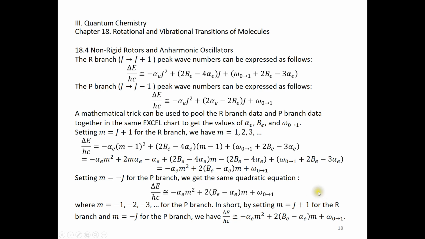They are exactly the same, and therefore we can simply plot the wave numbers of the photon, which is delta E over hc, versus M instead of versus J. M is defined to be J plus 1 for the R branch. M is defined to be negative J for the P branch. Now we have only one equation to use for all the data from the P branch and from the R branch. Again, I just want to emphasize that M has a different definition for the R branch and another definition for the P branch.